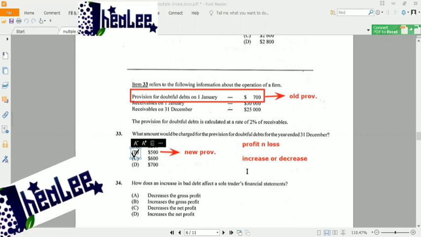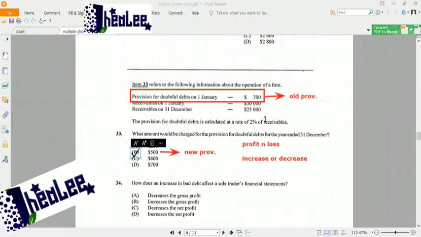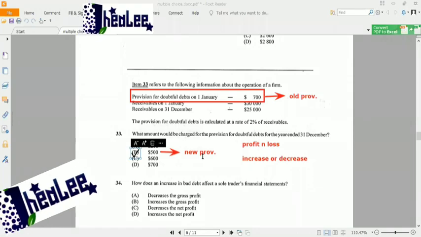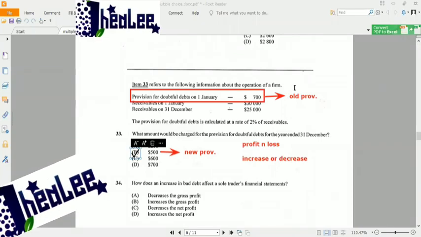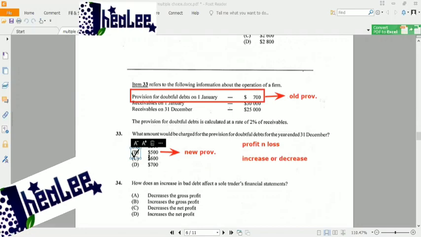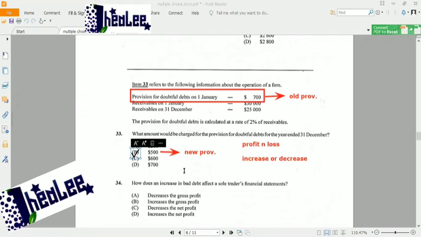How do we know if there's an increase or decrease? You would compare the previous one, which should have been the old one, with the new one. And yes, this year's figure is lesser than the old figure. How much did it decrease by? It decreased by the difference between the 700 and the 500. That would be $200. Good.